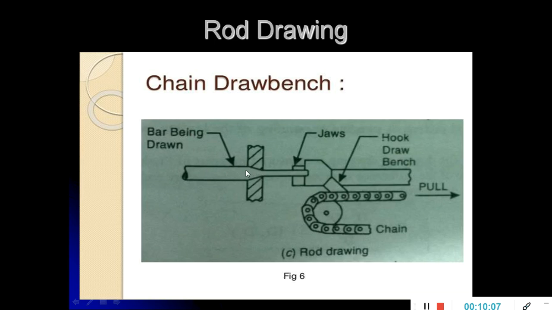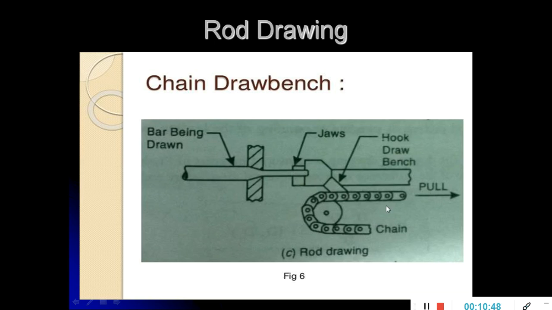The rod to be drawn is forced through this die, and as the force is applied on the workpiece and it passes through the die, the diameter of the rod decreases. This decreased-diameter rod, the drawn rod, is clamped to the draw hook bench with the help of jaws. Initially force is applied from this end, and the projected part is locked in the hook draw bench with the help of jaws.